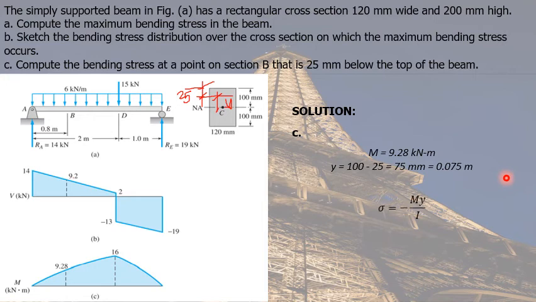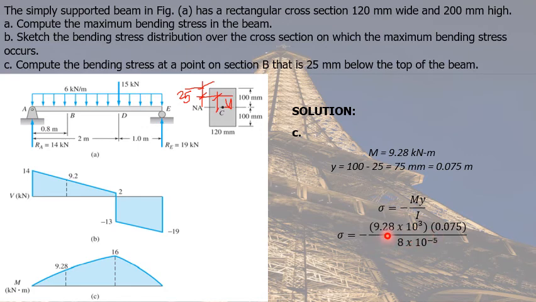Now we're ready to solve for the bending stress, given by the formula negative My over I, where M is the bending moment, y is the distance from the neutral axis to the point of consideration, and I is the moment of inertia of the cross-sectional area about the neutral axis. So we substitute our values. Our M should be in terms of Newton meters.